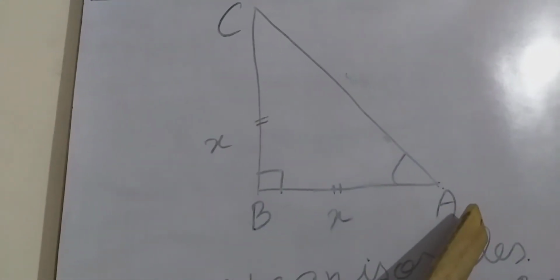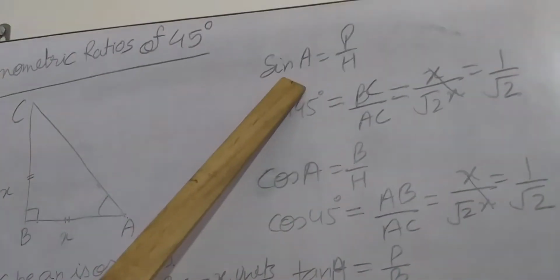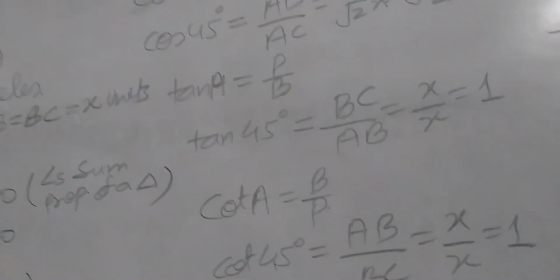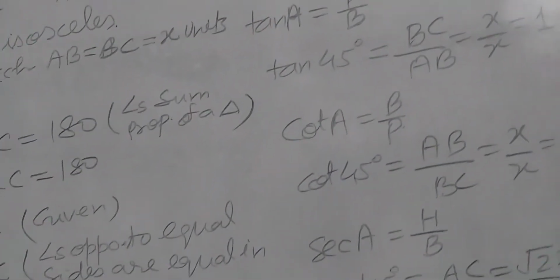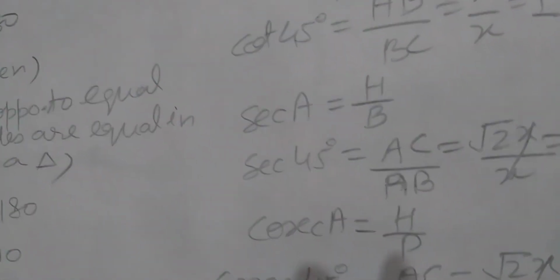Then we first calculate AC using Pythagoras and use the angle sum property to get angle A equals 45 degree. After that you can write all the trigonometric ratios, sine, cos, tan, cot, sec, cosec, put the values, and you get the values for 45 degree.